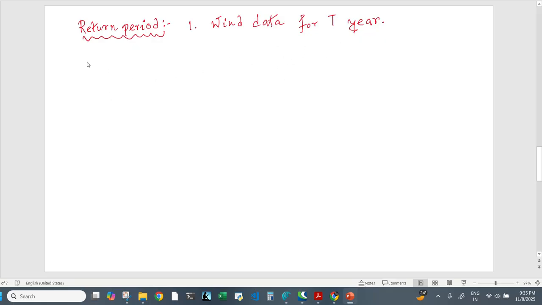Once in T years, the design wind flows over a particular area.